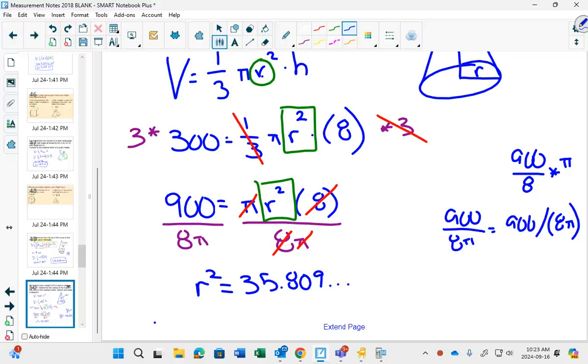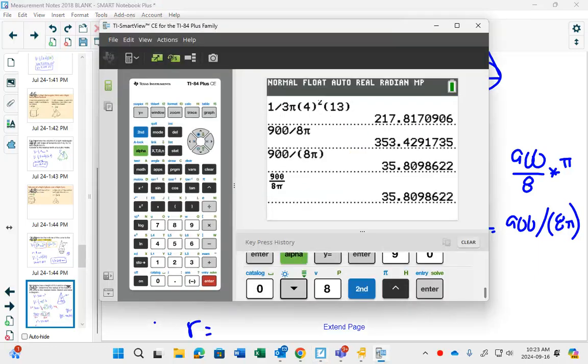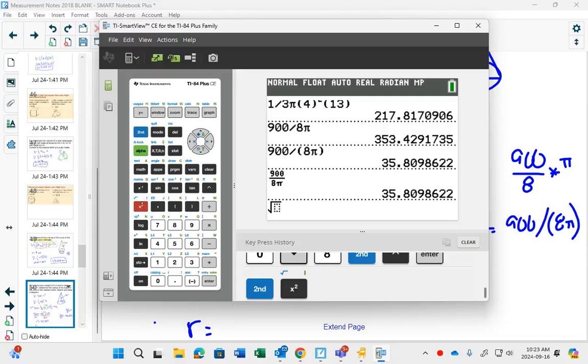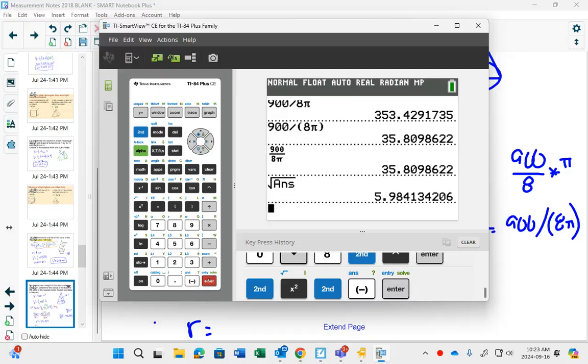So now I need to square root that number to get r. So I go back to my calculator and second square root. And a lot of calculators can let you pick the answer from before. The graphing calculator, you can either highlight it or right above the negative sign it says answer, so I can hit my answer button and it says, okay, we'll take the answer that you got and we'll square root that. Push enter, 5.984.